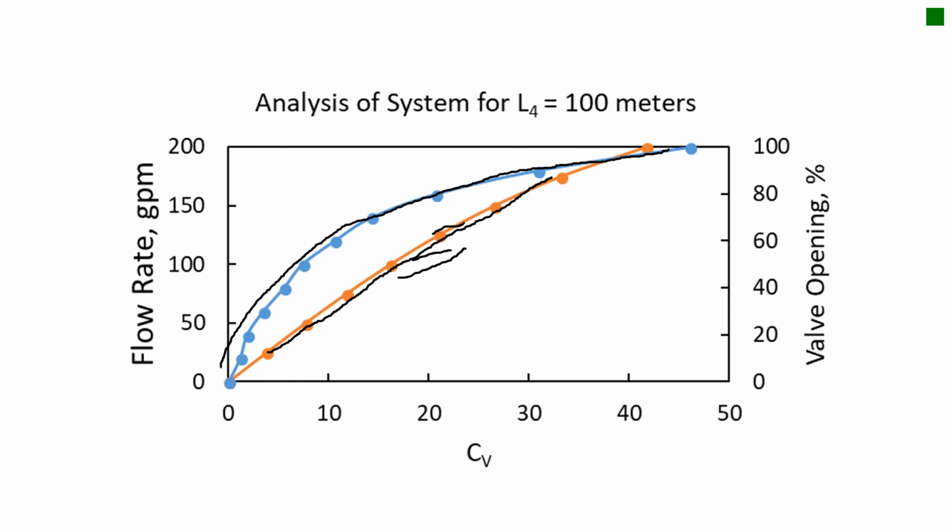In those circumstances, we would select an equal percentage valve to control the flow rate rather than a linear valve. This is how you decide which type of valve you want, a linear valve or equal percentage. You want to look at your system curve and compare it to the valve curve and see which one gives you a better match.